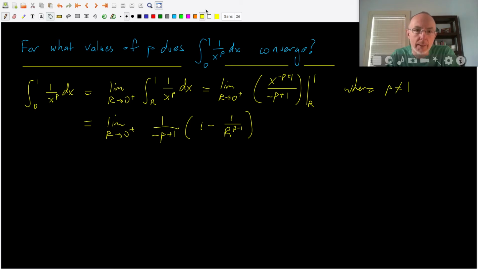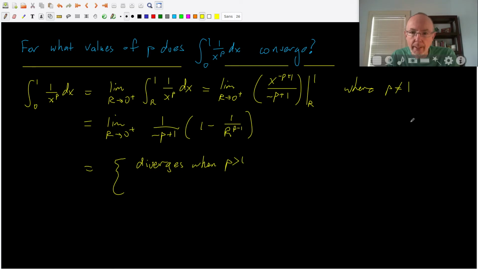And similarly to last time, what we find is, if p is a number bigger than 1, then this thing is a number in the denominator. As it goes to 0, it's going to diverge. So in this case, it's going to diverge when p is bigger than 1.